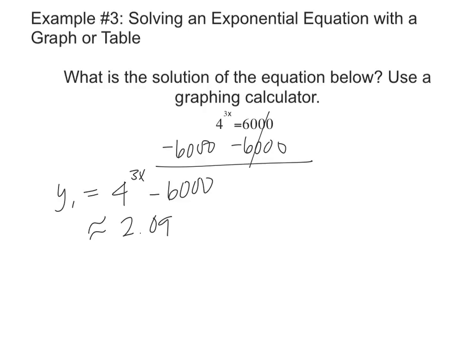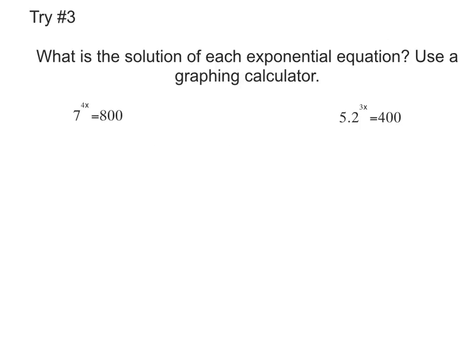And again, you could find this the exact same way by just doing the log. If it's a little difficult for you to find it on a calculator using a graph, that's fine. Just choose one and make it something that you can own. All right, let's look at the try. Again, I know we're going to subtract 800. So this will be y1 equals 7 to the 4x minus 800.